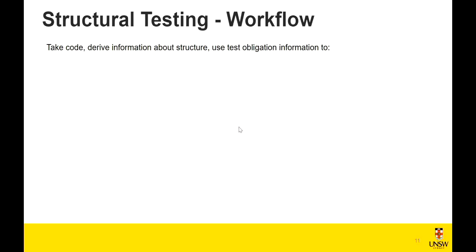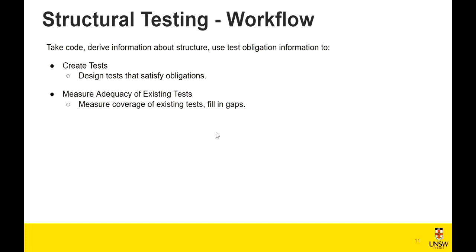So, we are learning structural testing today, white box testing. For structural testing, what we normally do is we try to take the code, derive information about the structure, and use the test obligation information to derive test cases to measure the adequacy of existing test cases. So we measure the coverage of the tests we have derived.